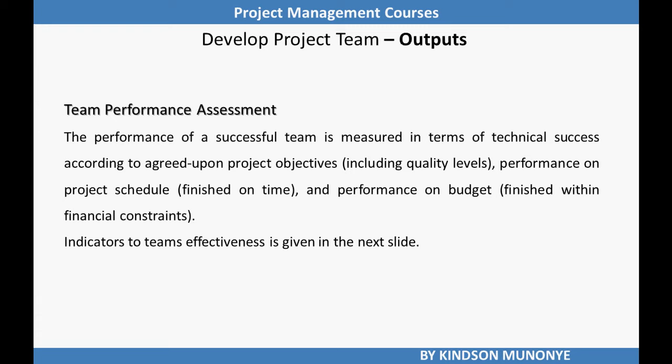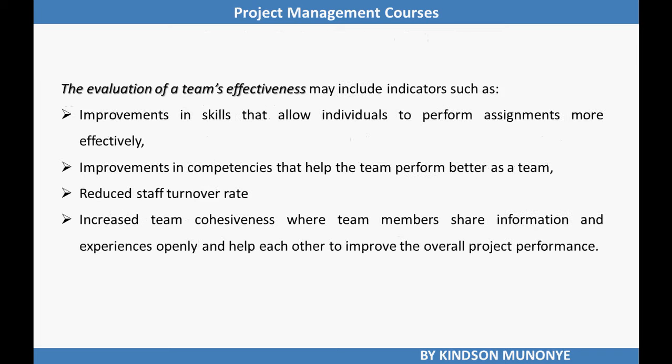Let's now look at some of the indicators of team effectiveness as we move to the next slide. The evaluation of a team's effectiveness may include indicators such as improvement in skills that allow individuals to perform assignments more effectively, improvement in competencies that help the team perform better as a team, reduced staff turnover rate, and increased team cohesiveness where team members share information and experiences openly and help each other to improve overall team performance.